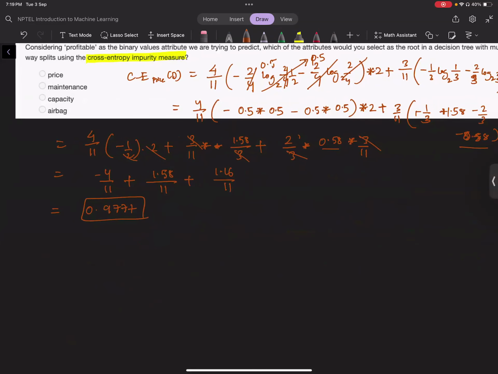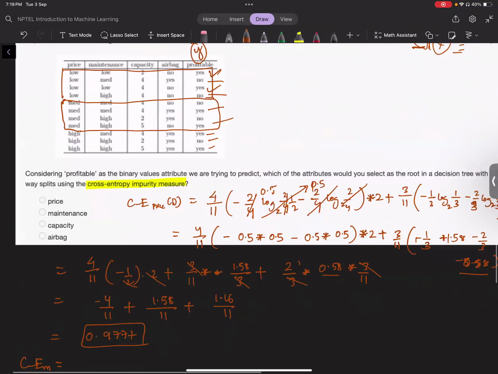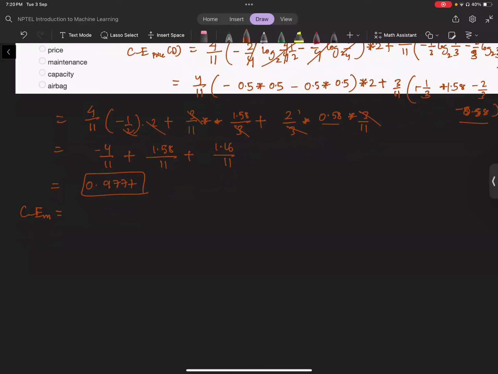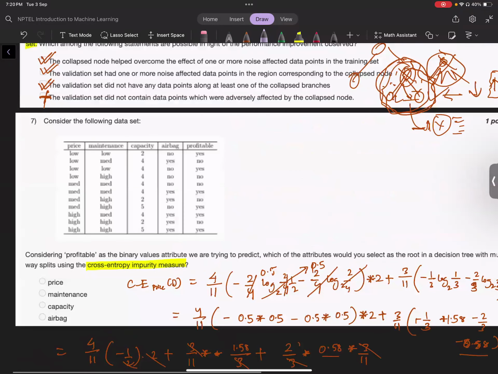I'll not be solving the entire thing. I'll just write the formulas, use the calculator, and give you the values. You do the same as well. For maintenance, the cross entropy, if you apply the formula, similarly, I have another screen open so you can match it with that. There are 2 lows, 4 mediums and 5 highs.